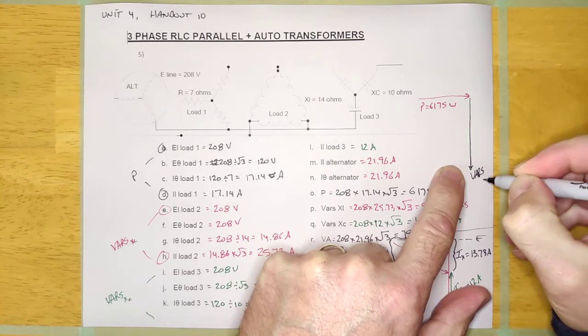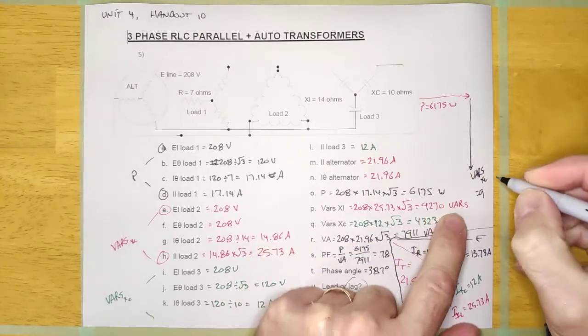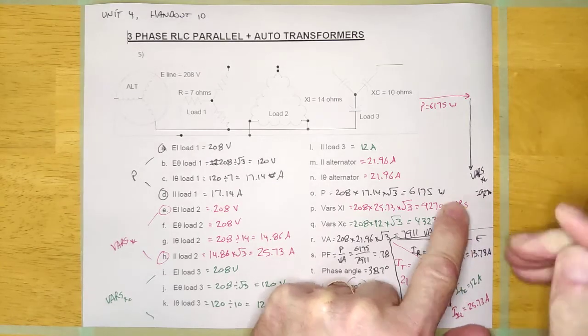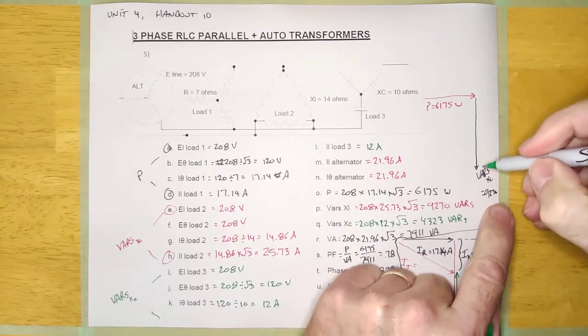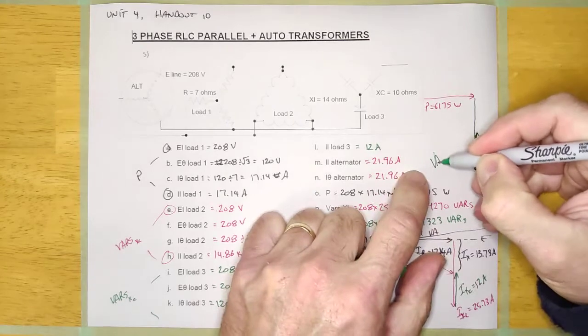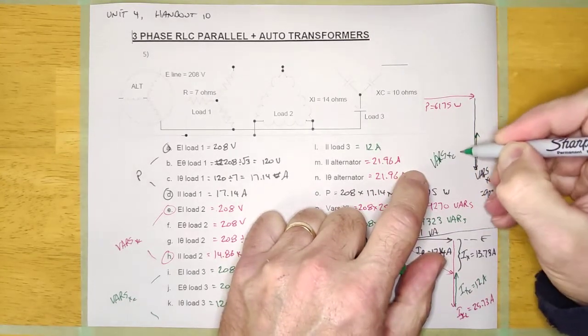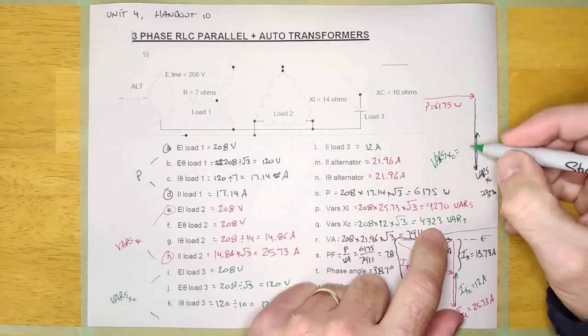Vars XL equals 9270. Okay, and then I'm going to draw my vars XC. Going to come down from there, right, guys? Vars XC equals, what is it equal? 4323.